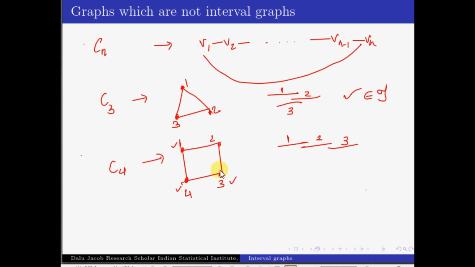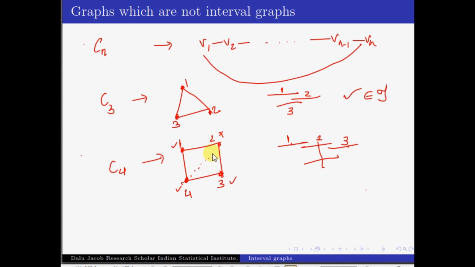Now if you look at the interval representation, you can see that we are in trouble. Why? Because I need an interval which intersects with 1 and 3 but not with 2. How is it possible to draw such an interval? Whenever I make an interval intersect with both 1 and 3, it will automatically intersect with 2, which I don't want in the graph, right? Because 2 and 4 are non-adjacent to each other.